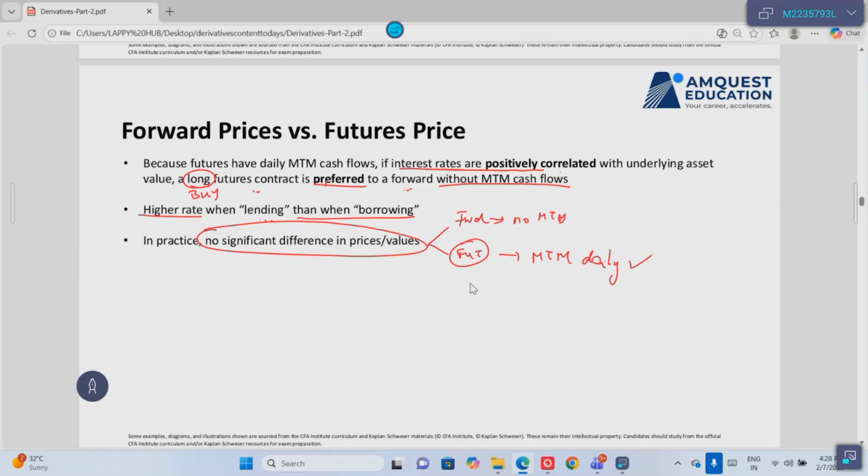It's a huge risk, right? So therefore, forward is safer. A future is probably more risky in terms of cash flows. But a forward has a default risk. A future has zero default risk. Clear?